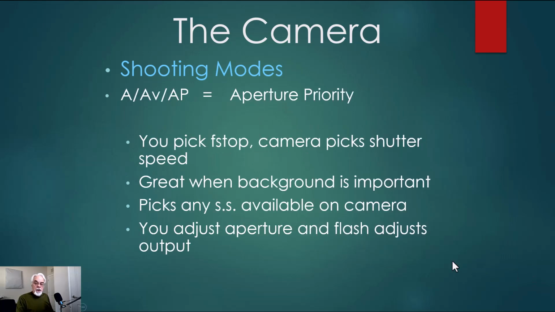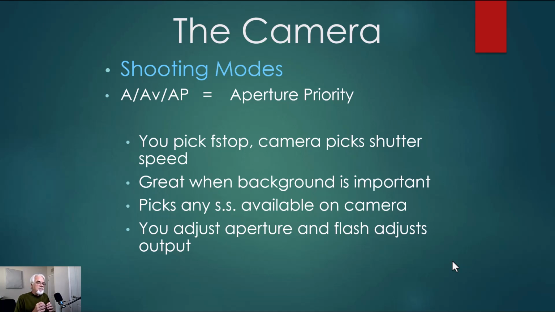So our next mode is aperture priority mode. And as we already know, you pick the f-stop, the camera picks the shutter speed. This is great when you want a really good ambient light exposure outdoors or even indoors.